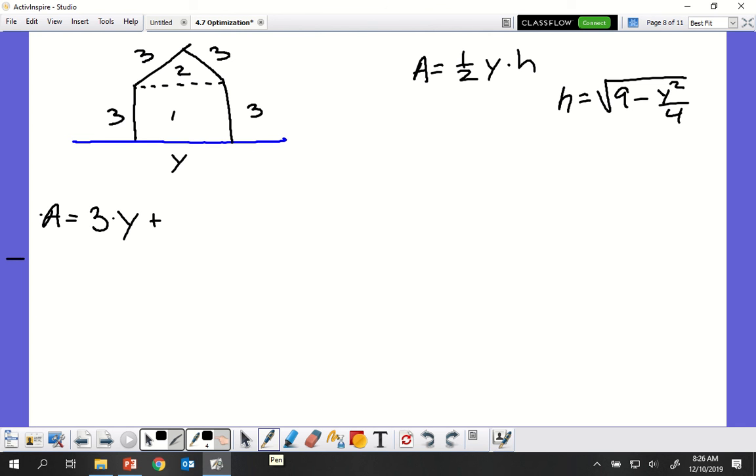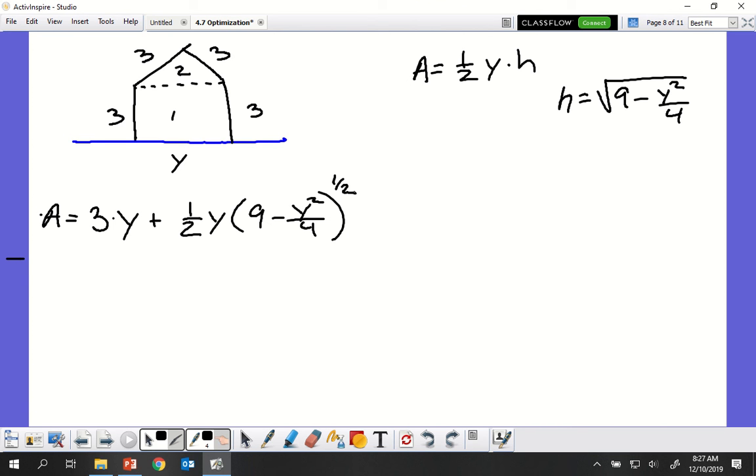So it's going to be 1/2 y times 9 minus y squared over 4 to the 1/2. Now, does that make sense? I think the biggest issue we had getting out of this is actually figuring out other shapes we can make with this.